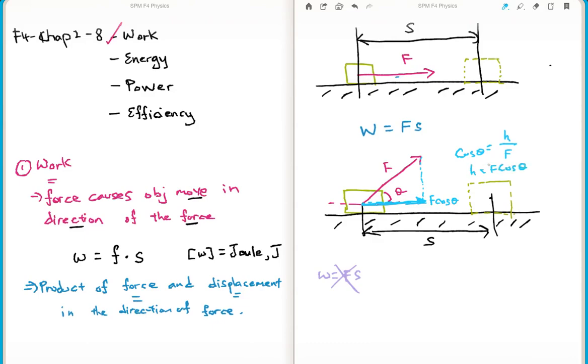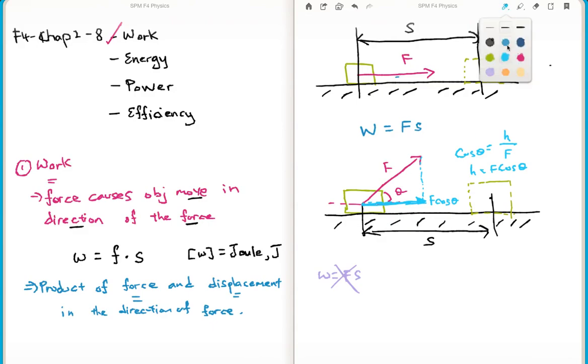So for this case, when the force is no longer parallel to the displacement, where the object moves from one side to another, then you need to look for the horizontal force parallel to the displacement, or the movement of the object.